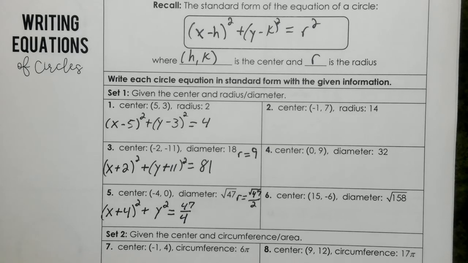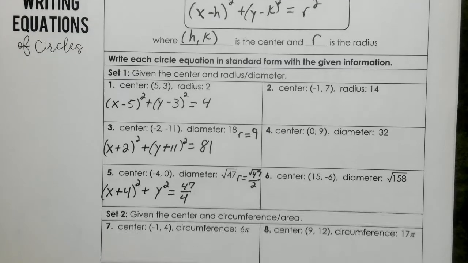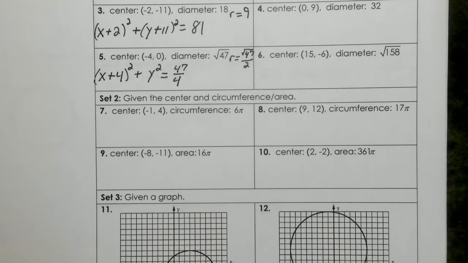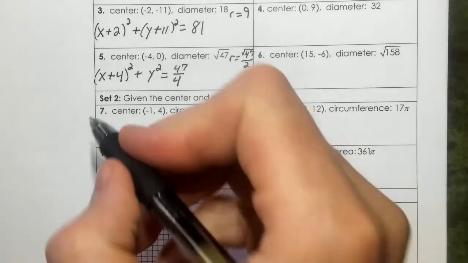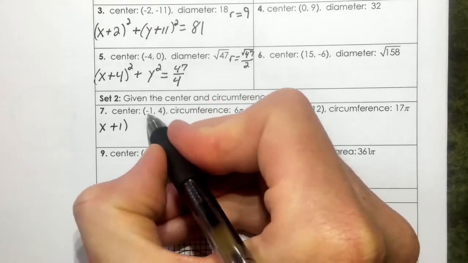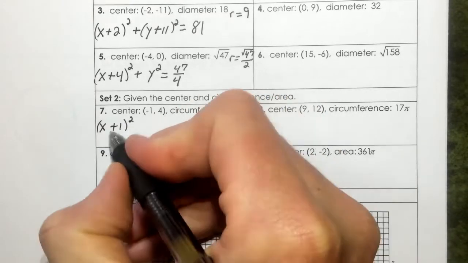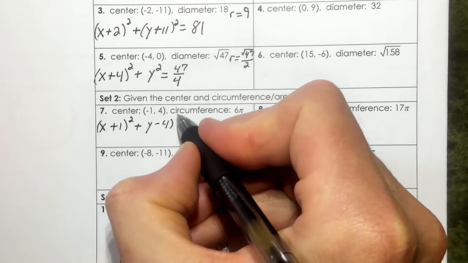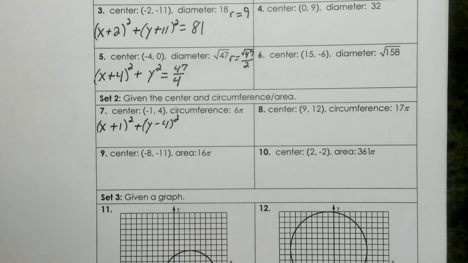Number 7. Now, this is a little different because here, instead of being given the center and the diameter or radius, we're given the center and the circumference. The first part of the equation is going to be done the same way. So I would have (x + 1), it's the opposite of negative 1, so it's plus 1, plus (y - 4). Now let's stop for a second and think about this.